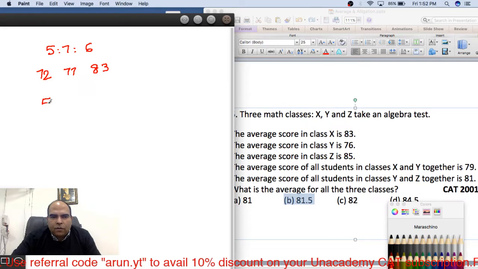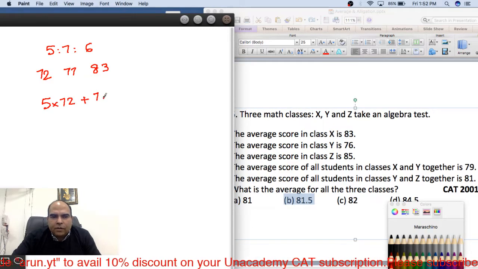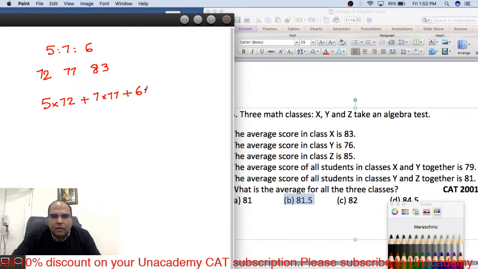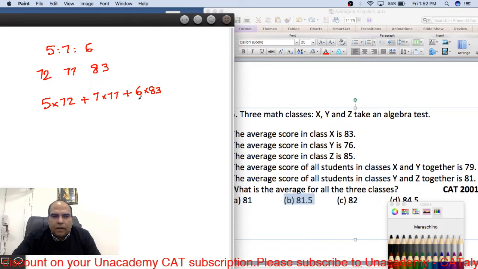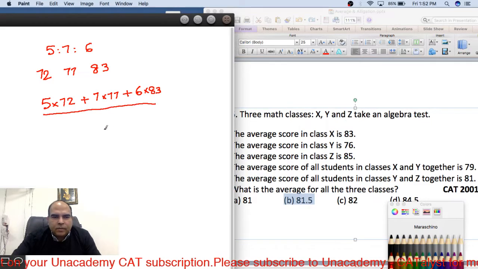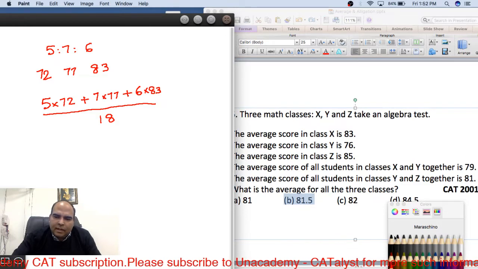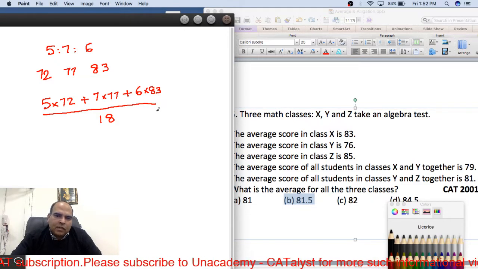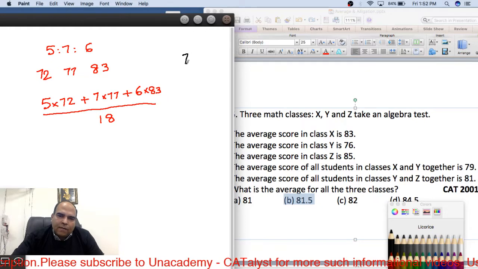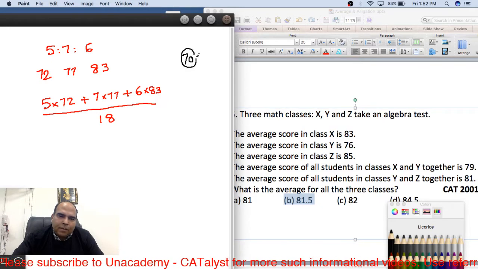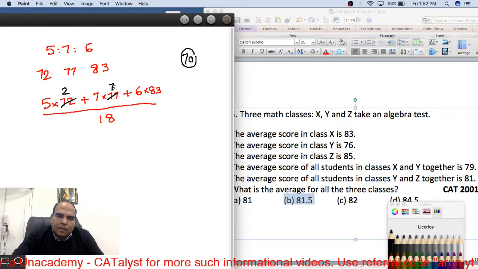It will be 5 into 72 plus 7 into 77 plus 6 into 83 divided by 18. That's the normal calculation. But in this case, the opportunity that presents itself is to take the base as 70. If you take the base as 70, this becomes 2, this becomes 7, and this becomes 13.